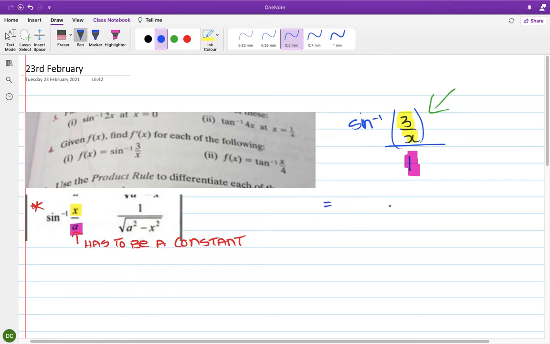So the table book tells us to do 1 over the square root of a squared, and a is 1, minus x squared, and x is 3 over x, to be squared.